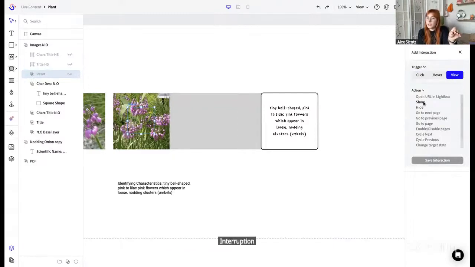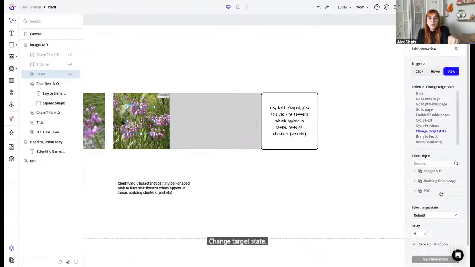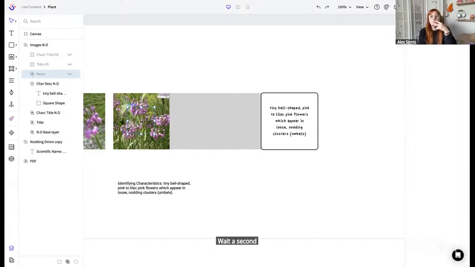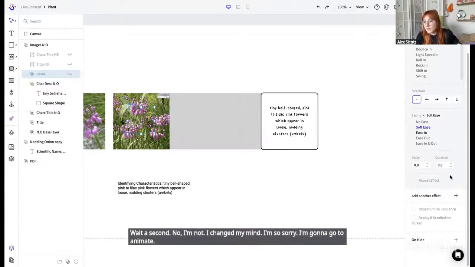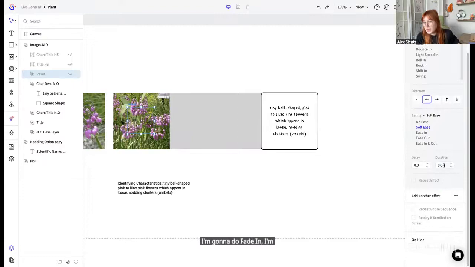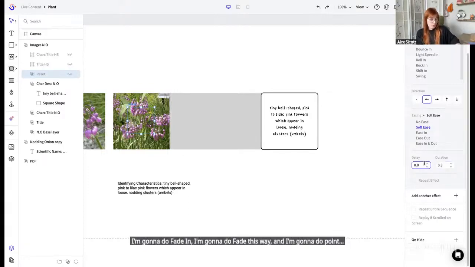Then I'm going to go view, change target state. Wait a second. No, I'm not. I changed my mind. I'm so sorry. I'm going to go to animate. I'm going to do fade in. I'm going to do fade this way. And I'm going to do point. The duration is 0.3. The delay is 0.5. Sure. Why not?